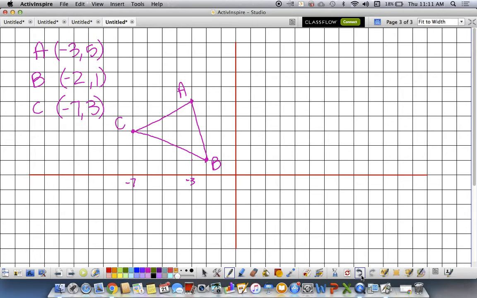Looks can be deceiving, especially when there's slanted lines. Because from A to B, we went up 4 and over 1, but this one we went back 4 and down 2. Not going to be the same.